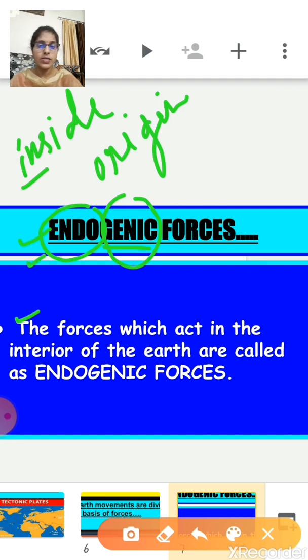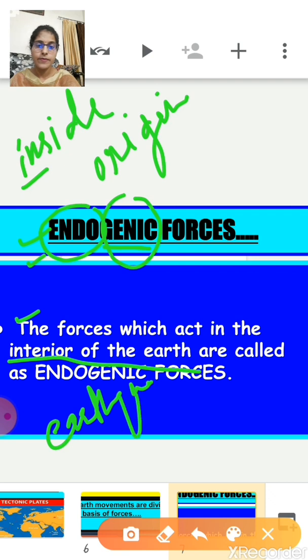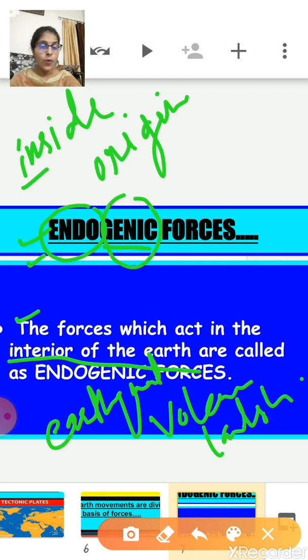The forces which act in the interior of the earth are called endogenic forces. Now these forces lead to earthquakes, volcanoes and landslides.